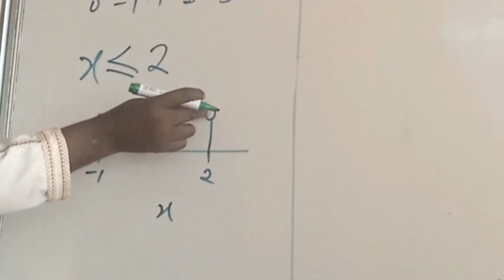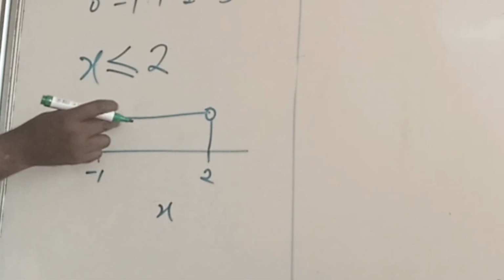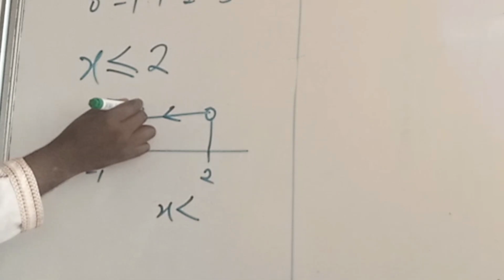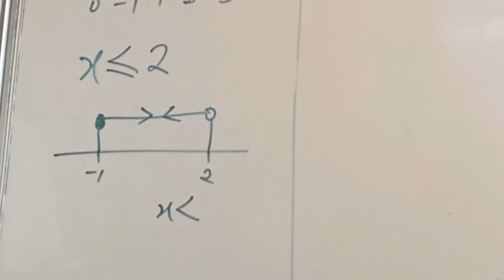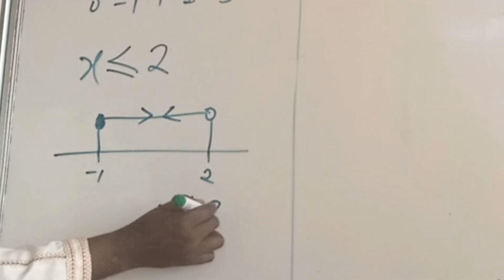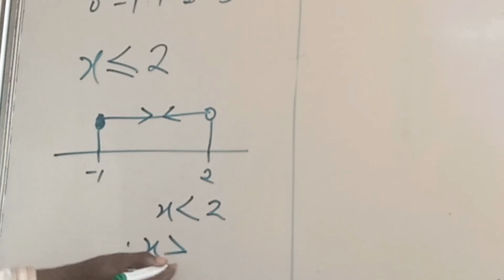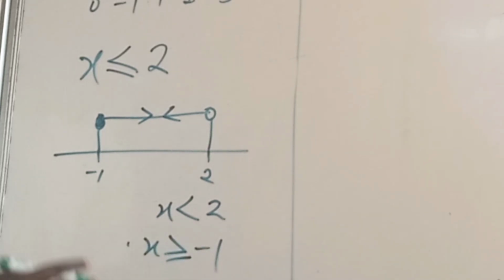The line is starting from this way, going towards this. That is what? Less than, isn't it? Less than, because this is how it will look. Why is this one going this way? Greater than. Are you with me? So x less than what? 2. And this one is what? x greater than or equal to -1, because this one is shaded.